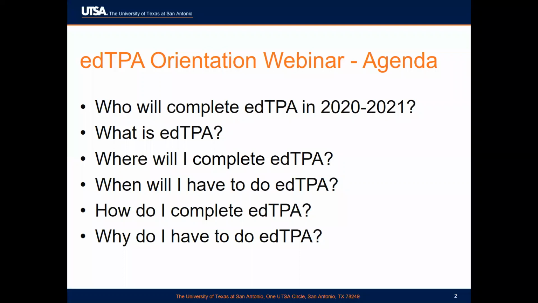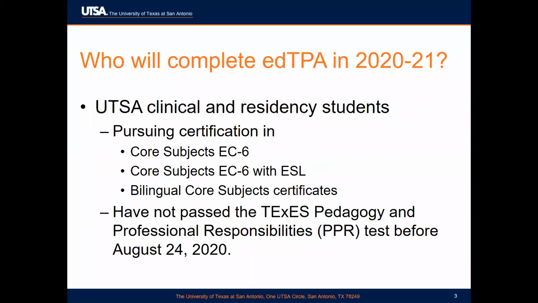Okay, so we're going to go through the who, what, where, when, how, and why for edTPA. We're going to start with the who. All UTSA clinical and residency students who are pursuing a certification in core subjects EC6, core subjects EC6 with ESL, or bilingual core subjects are going to have to complete edTPA if they have not passed the PPR before August 24th of 2020.